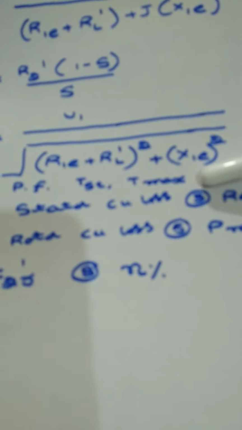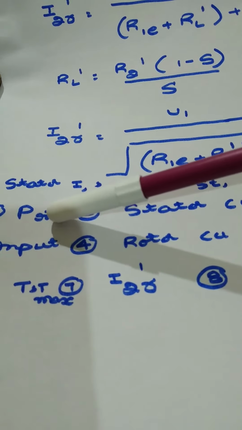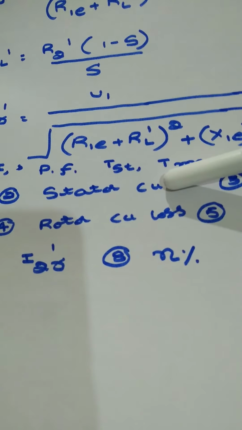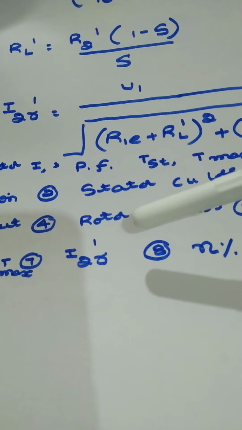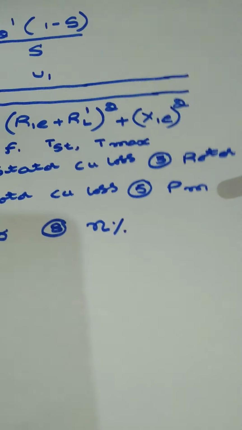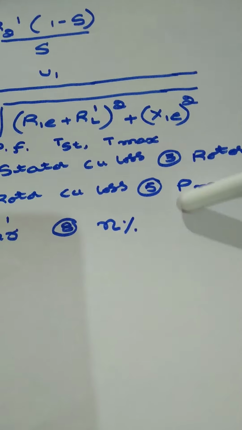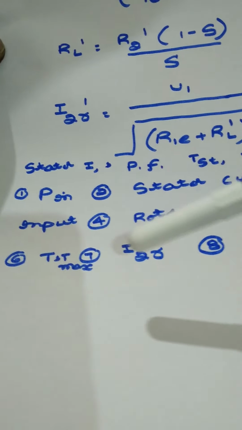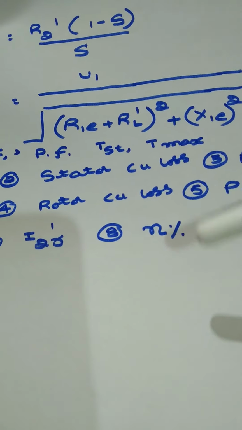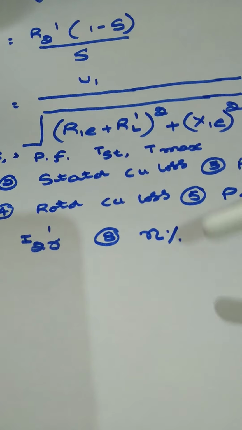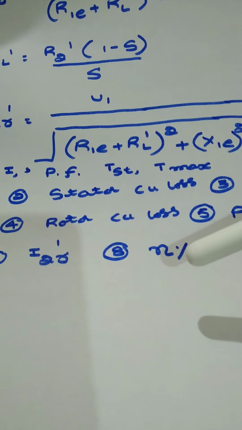And then you can obtain the input power, visualize the stator copper loss and the rotor copper loss, obtain the rotor input, the mechanical power, the rotor current and the output, and also the efficiency of the induction motor.